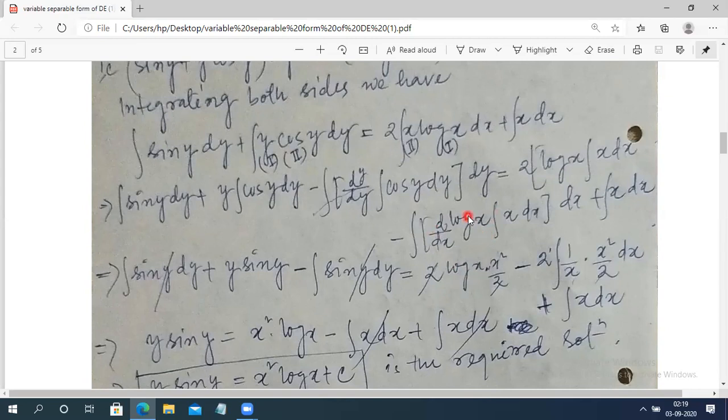And here the differentiation of log x is 1 upon x, and integration of x will give x square by 2, so this 2 and 2 will get cancelled out, and x will cancel, and we will have negative integration of x dx, and this negative integration of x dx and the positive integration of x dx will get cancelled, and we'll have only y sin y is equal to x square log x plus one constant of integration, that is c.